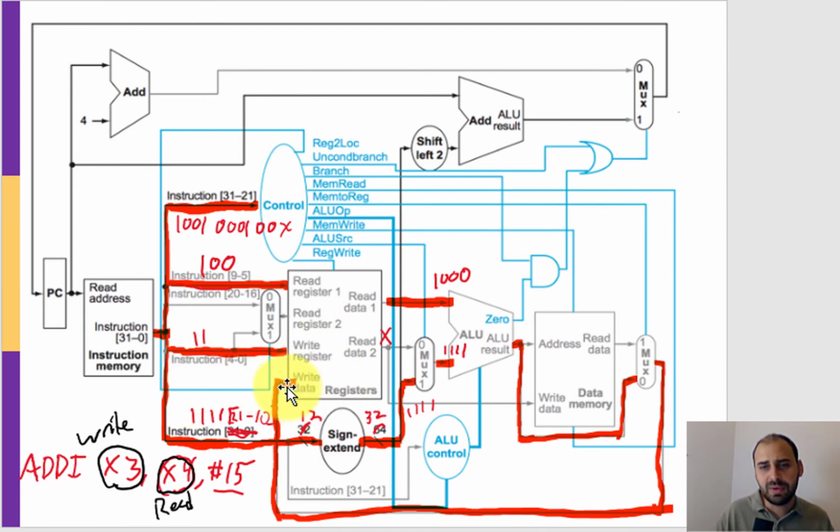Effectively, what we're doing is writing 23 to register 3. So let's go ahead and write that. We've got 16 plus 4 is 20. 23. It should be right. 23.